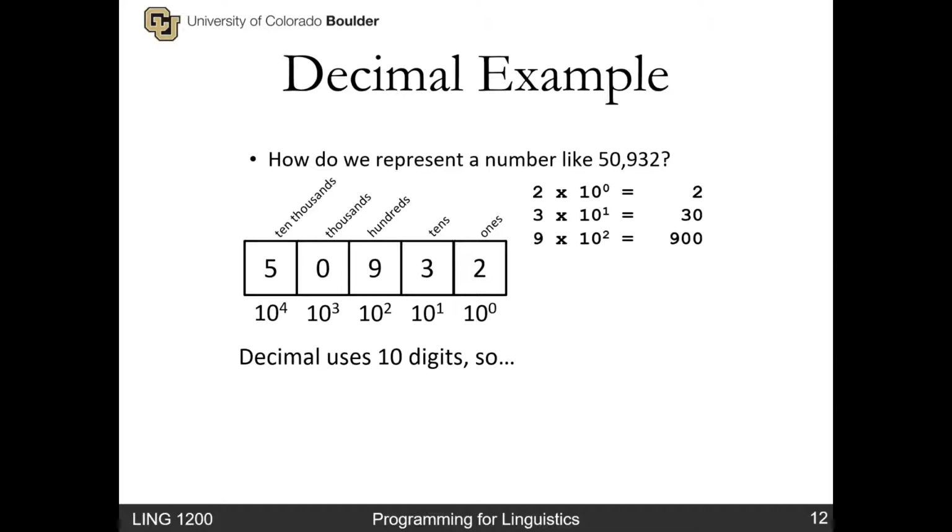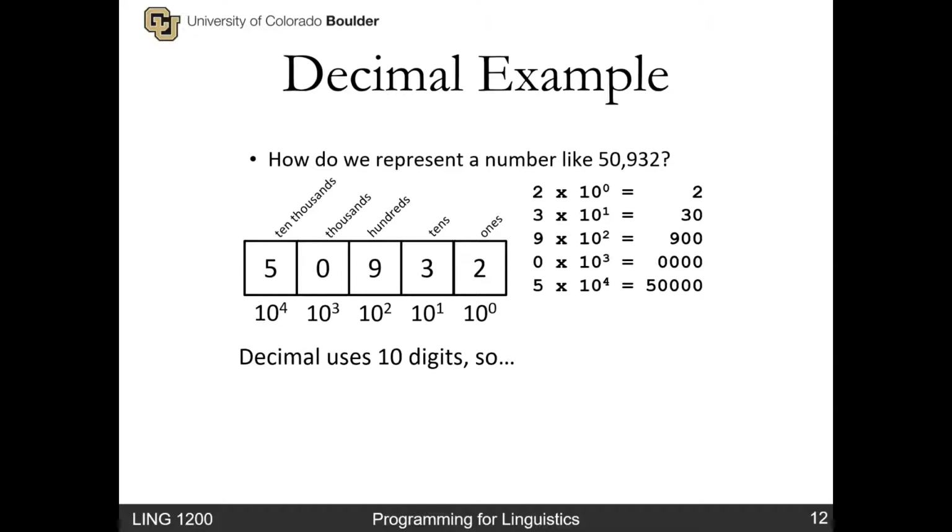In the hundreds, 9 times 10 to the 2nd, or 9 times 100, which is 900. And so on. 0 times 10 to the 3rd, or 0 times 1,000, is of course 0. And 5 times 10 to the 4th, or 10,000, is 50,000. And that's how we get the value of each of those digits in the order in which they're represented.